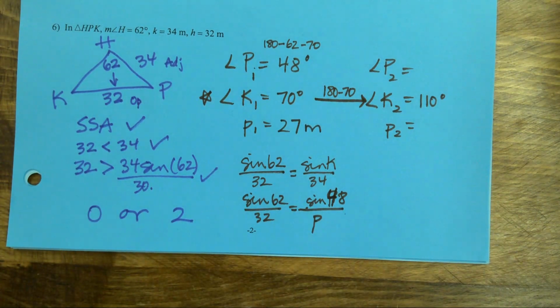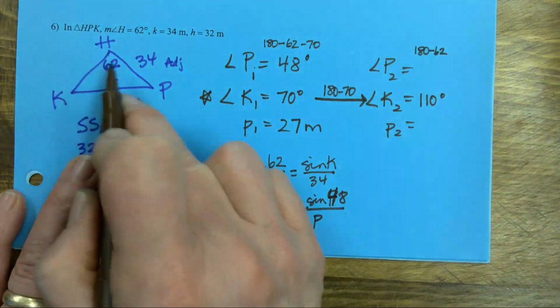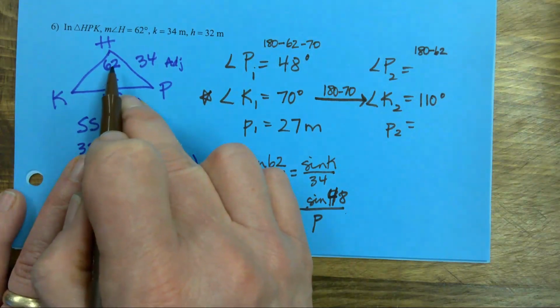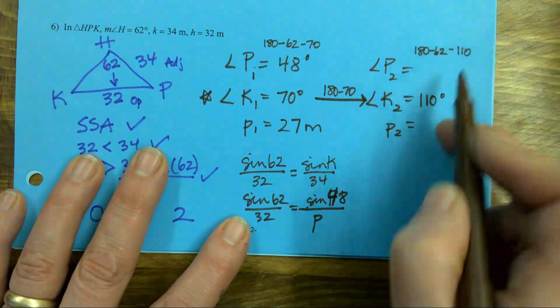All right, again, if K is not a first quadrant answer, if K is in fact a second quadrant answer, which we have to figure out because our calculator can't tell us that, that's going to make P much smaller. And so my new P is 180 minus the 62, which doesn't change because that's a given, minus the 110 that we figured out for our second quadrant answer.